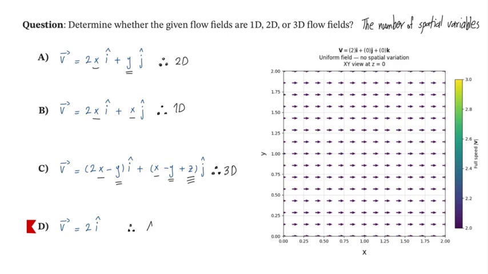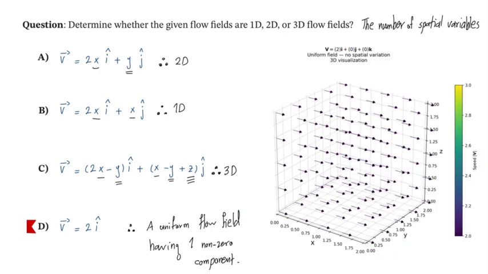Hence, we would say we have a uniform flow that has one non-zero component. And we can also show it in a three-dimensional space, but this is still just a uniform flow. We wouldn't be able to say this is a one-dimensional flow even, because it doesn't even have one spatial variable.